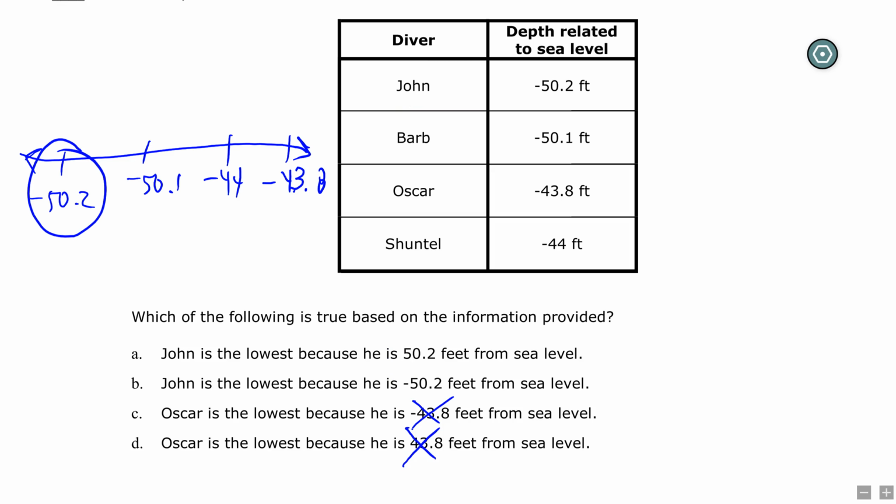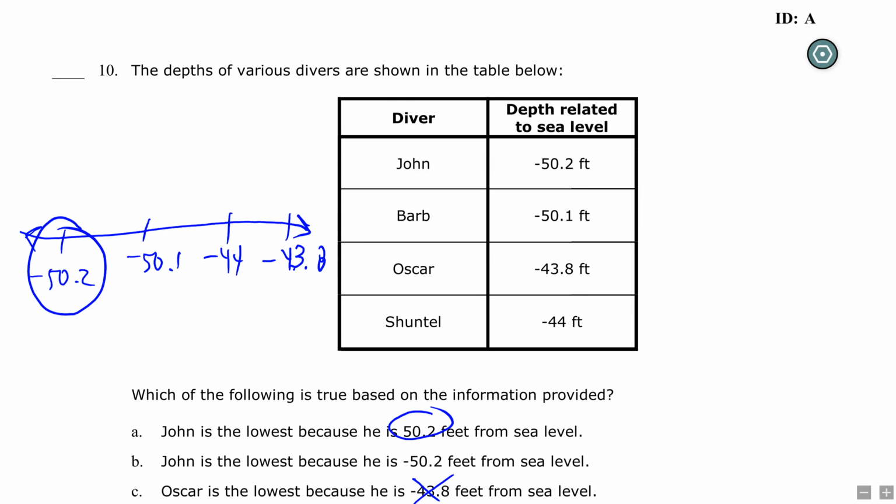And we know that distance is always going to be positive. When we talked about absolute value, we talked about the absolute value is the distance from any number to 0 on a number line. And we're talking about distance from sea level, which would be our 0. So that's distance from 0. So this is an absolute value problem. And so because it's absolute value, it has to be a positive number. So then my answer choice here would be A.